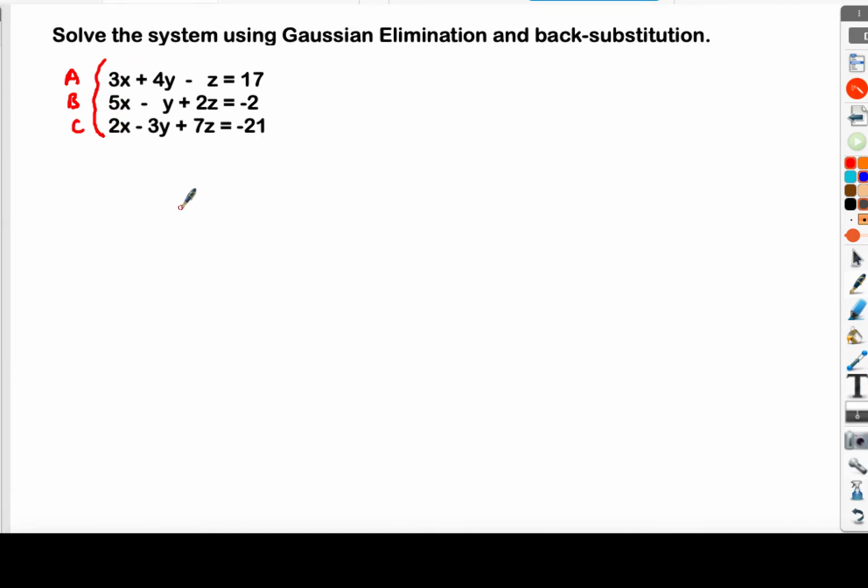That 3 minus that 2, if we just said A minus C, which again, I'm going to give a new name, I'm just going to call that equation D, but 3 minus 2 is going to be 1x. 4 minus the negative 3 would be a positive 7y, and negative 1z minus 7z, remember I'm subtracting, so negative 1 minus 7 is going to be a negative 8z. 17 minus the negative 21, 17 plus 21 essentially becomes 38. So again, that's equation A minus equation C.